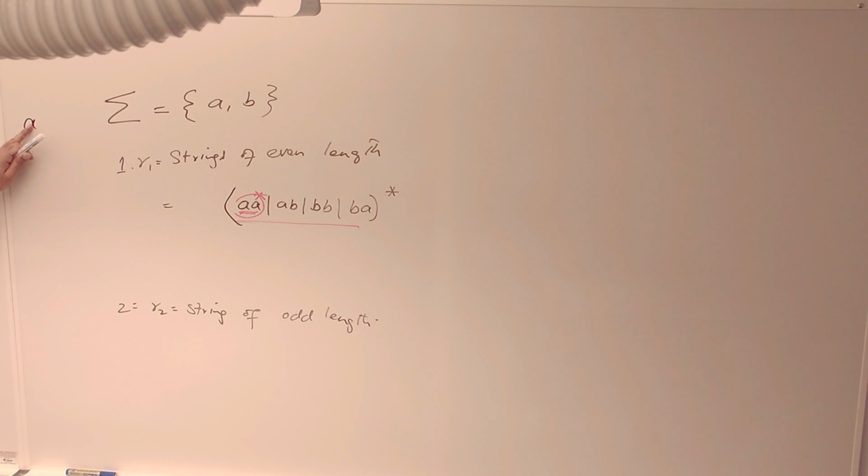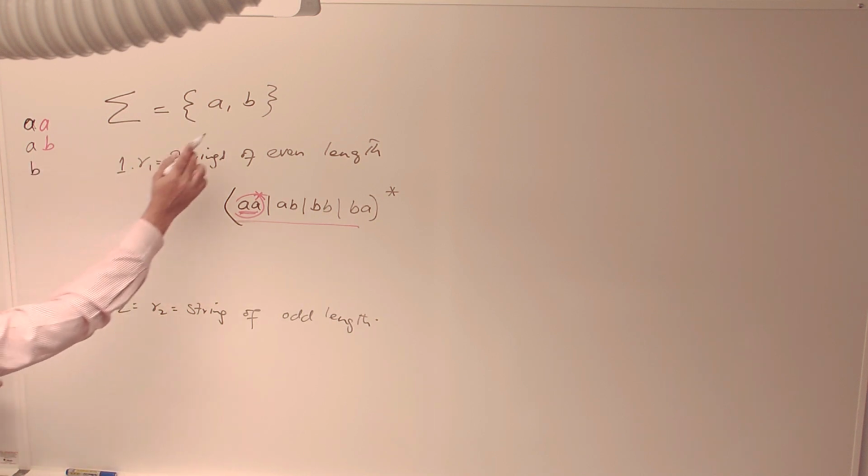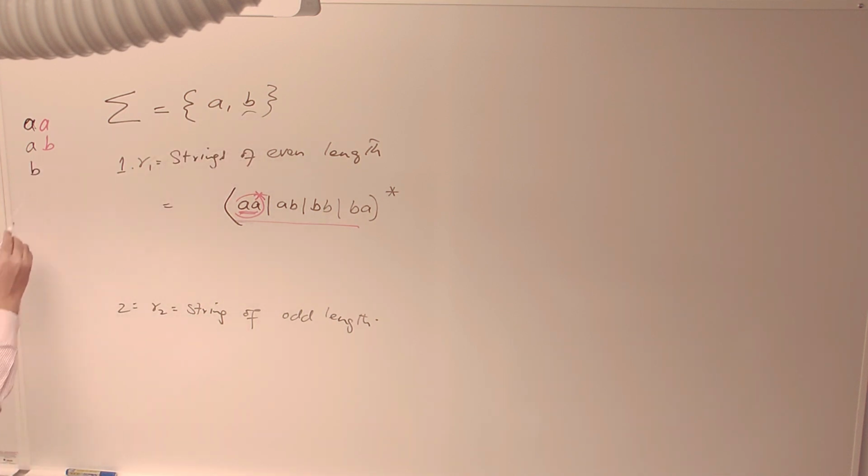So I must use A with some other symbol, which can be A itself or B. So AA and AB, and for the other part, BA and BB.